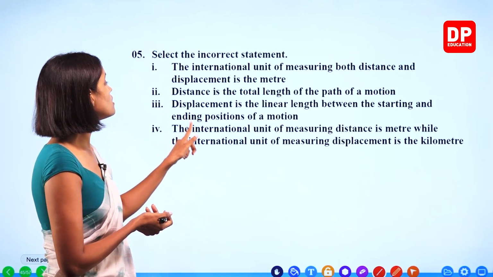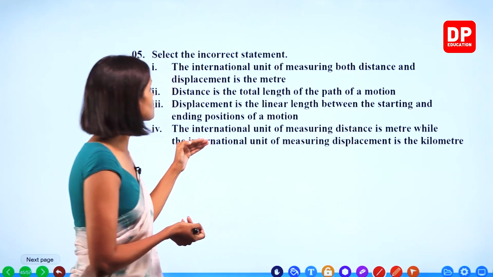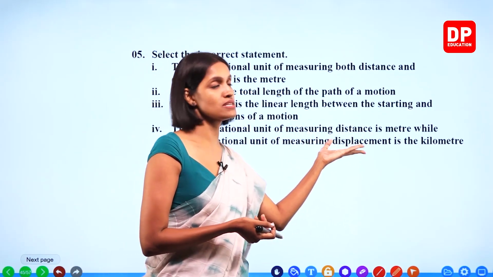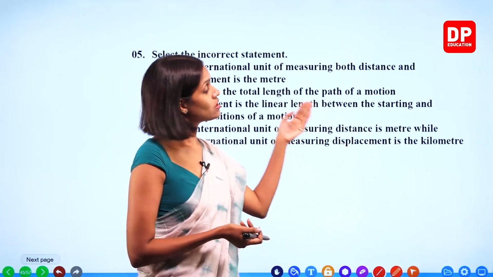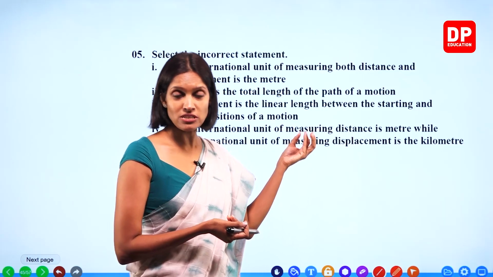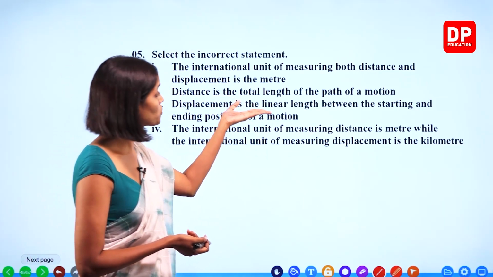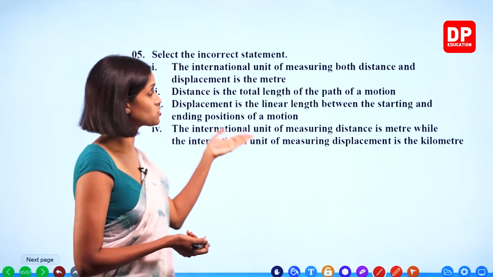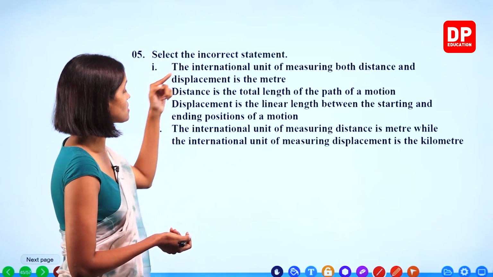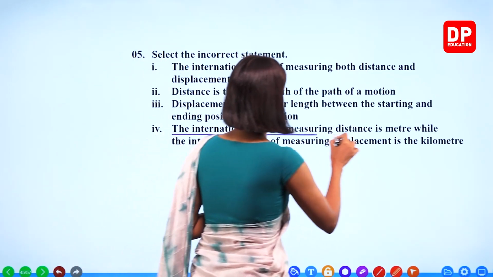The international unit of measuring distance is meter, while the international unit of measuring displacement is the kilometer. No, they both are lengths. The international unit of measuring lengths is meters. Therefore, for both of them, it should be meters. So you have to select the incorrect statement. That is the fourth one.